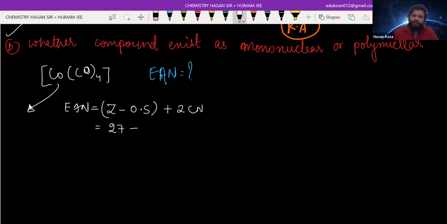Humam, can you tell me the oxidation state of this cobalt in this complex compound? Let the oxidation state be x. How many carbonyls are there? 4 into 0, plus x, is equal to 0. So x will be equal to 0. Please do calculate it.